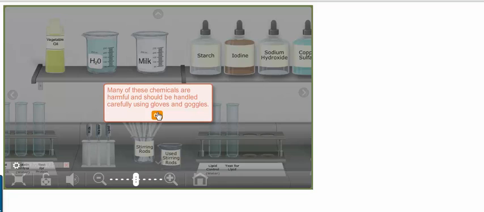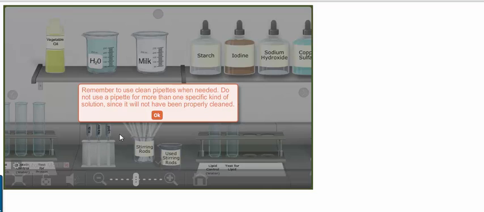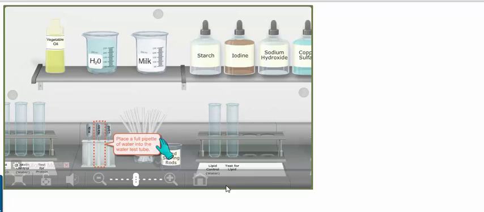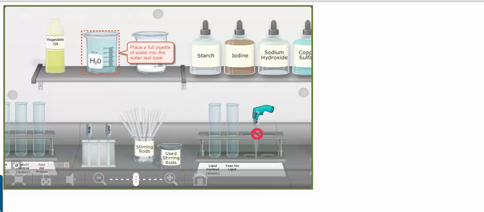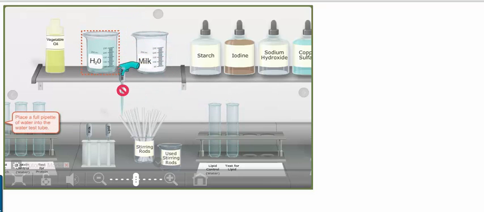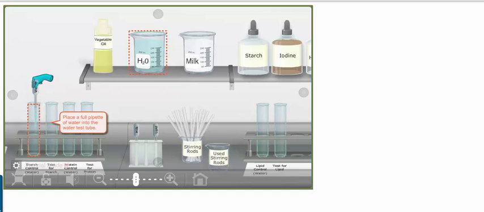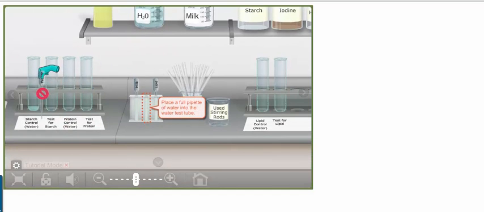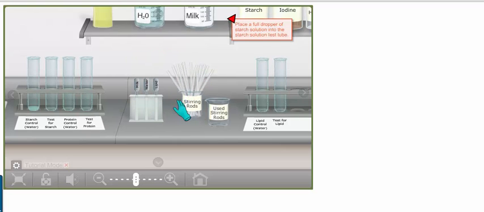Many of these chemicals are harmful and should be handled carefully using gloves and goggles. Remember to use clean pipettes when needed. Do not use a pipette for more than once. Place a full pipette of water into the water. Place a full dropper of starch solution into the starch solution test tube.